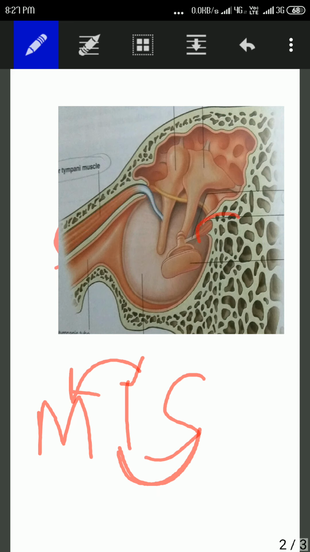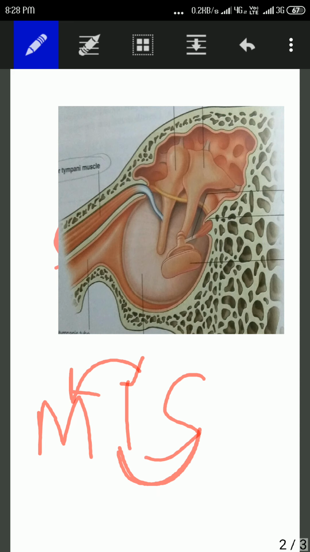This is the stapedius muscle, and it is supplied by our facial nerve. Here we can see the tensor tympani muscle coming and inserting itself into the handle of the malleus, whereas the stapedius muscle is coming and inserting itself into the neck of the stapes.